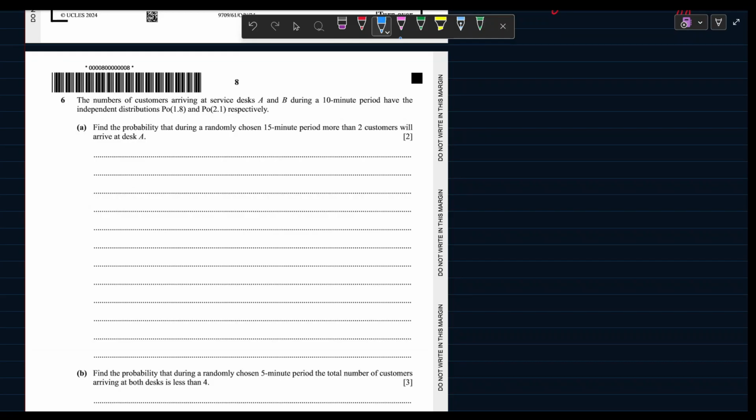Part A. Find the probability that during a randomly chosen 15-minute period more than 2 customers arrive at desk A. So let F be the random variable's number of customers arriving at desk A in a 15-minute period.